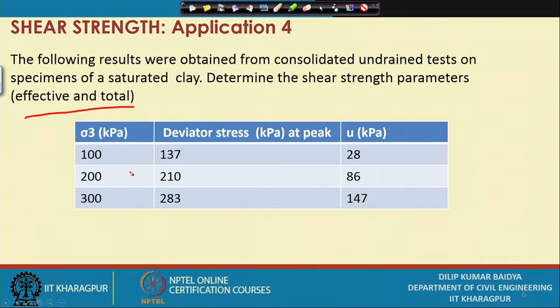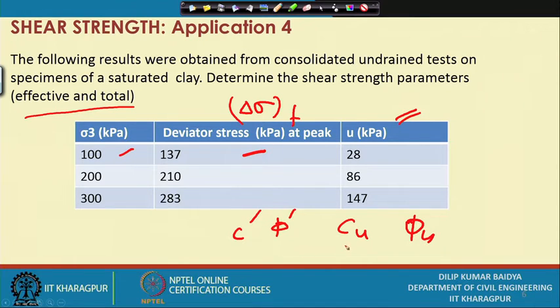I have already explained this in the last few lectures. So, sigma 3 is given, the deviator stress, that means delta sigma at failure is given, and u is given. So, based on that I have to find out the shear strength parameters, that means C dash, phi dash and C u, phi u.